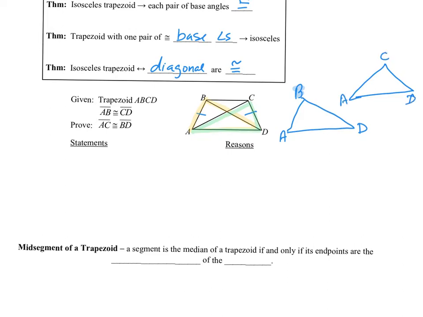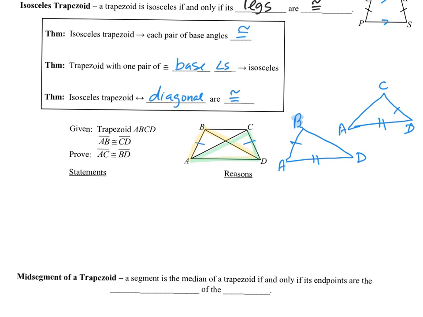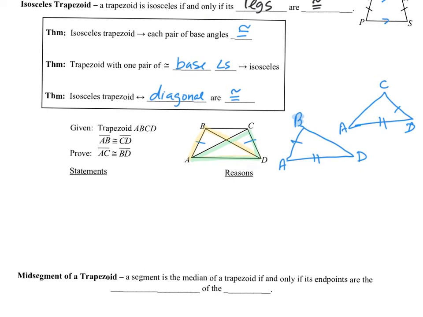Now, remember that side BA is congruent to CD, so let's go ahead and mark those, okay? And then to get these two triangles congruent, they share a side, so we can go ahead and mark AD congruent to itself. And then we need a third part to get these two triangles congruent. Well, let's recall that we were assuming that this is an isosceles trapezoid, and we have this theorem that says if a trapezoid is isosceles, then each pair of base angles are congruent.